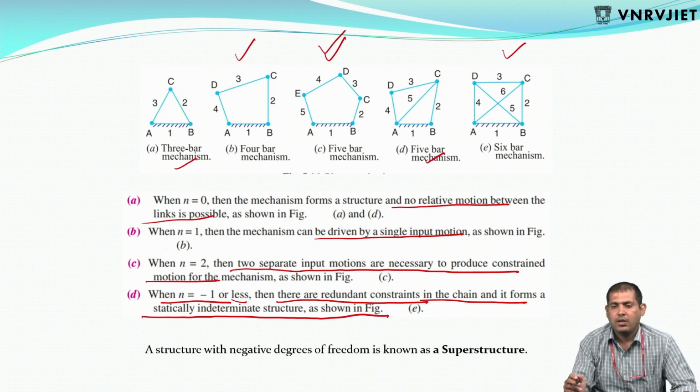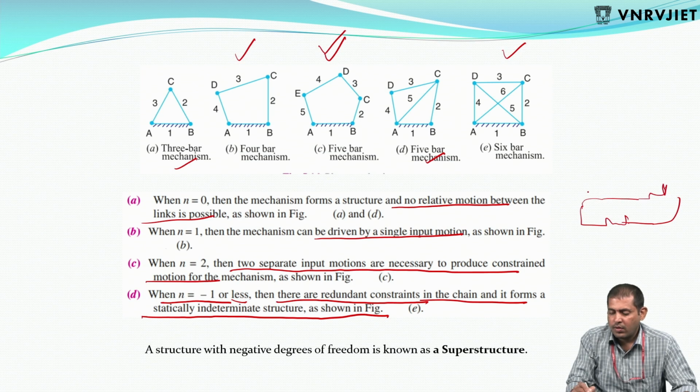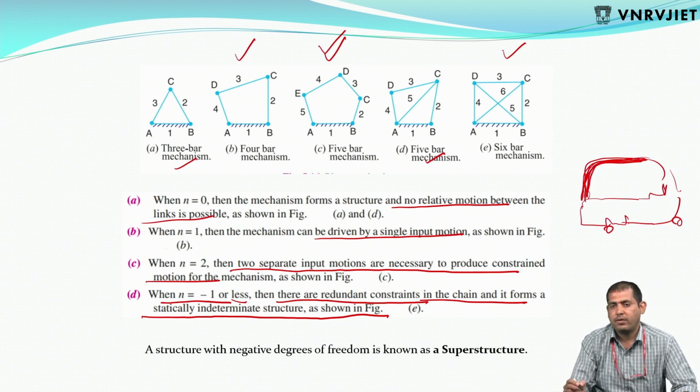Like if you see examples, a superstructure is an indeterminate structure. Here one structure is there. This is called a superstructure. The degrees of freedom is -1. Okay.